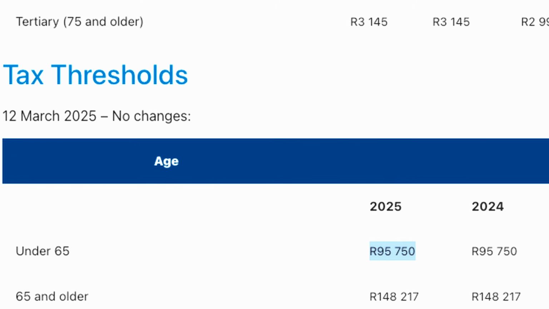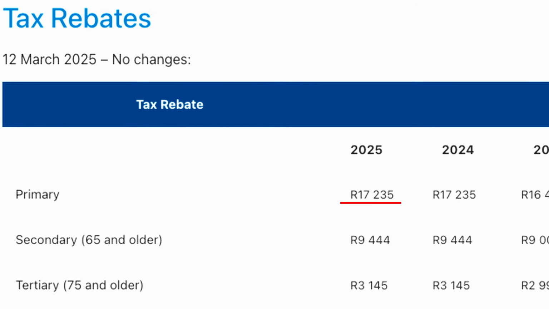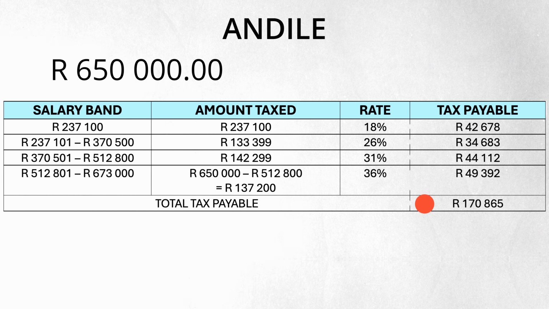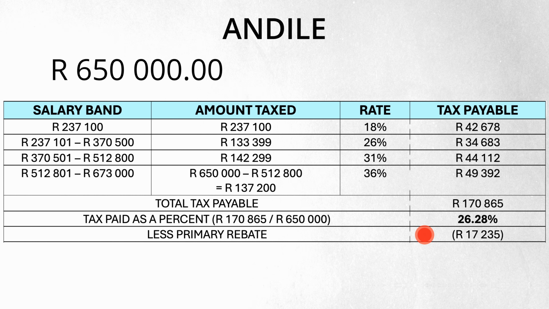Now check here, there are two numbers. One is a tax threshold of 95,750 and the other is a primary rebate amount of 17,235. These two numbers are the same. The only difference is that the tax threshold has already had a tax of 18% applied to it, as you can see on your screen. So the way to get to Andile's final tax, assuming he has no other rebates, is by reducing his tax payable of 170,876 by the 17,235.